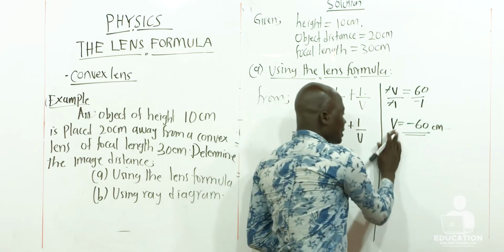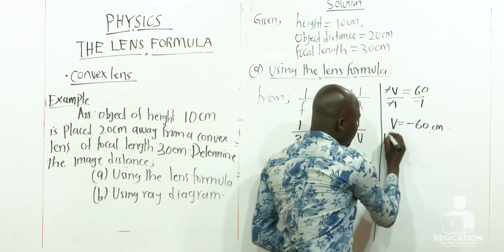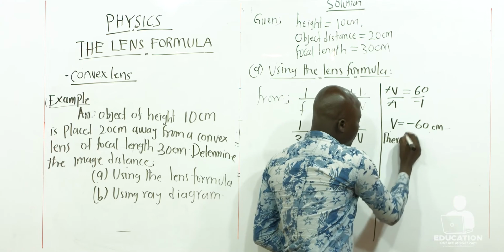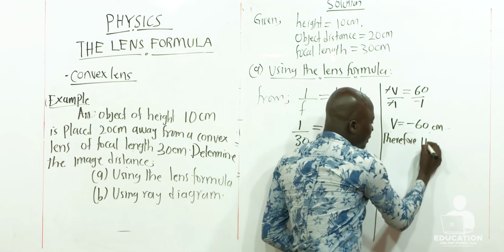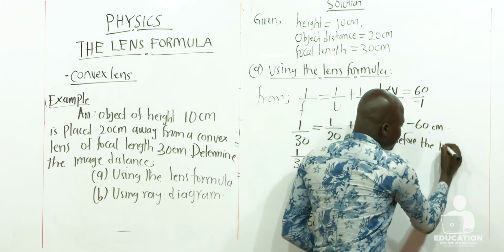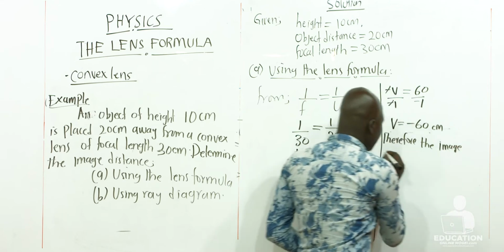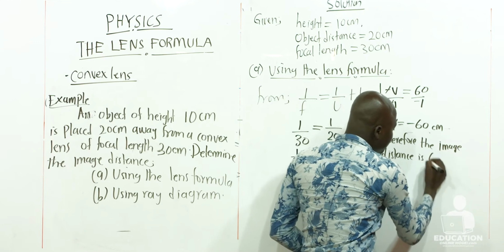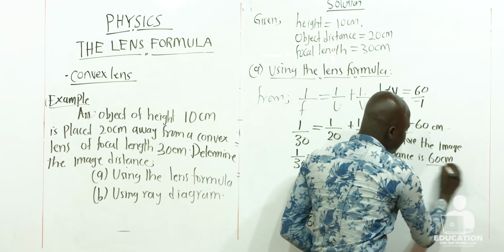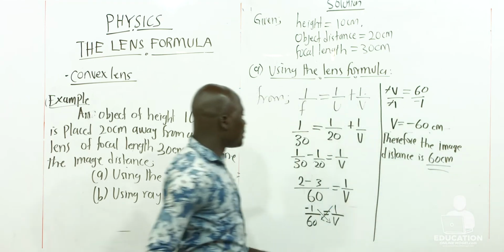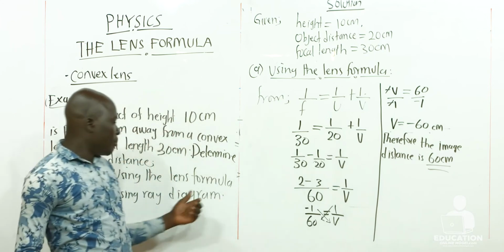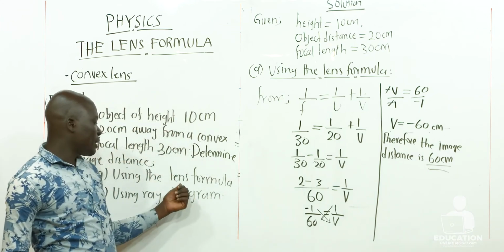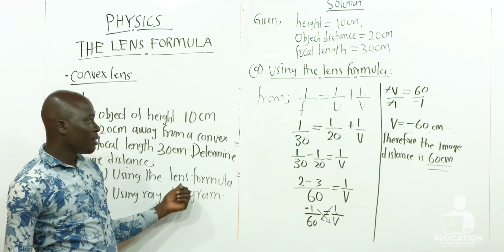You can summarize and say, therefore, the image distance is 60 centimeters. So this is how we can get the image distance, that is using the lens formula.